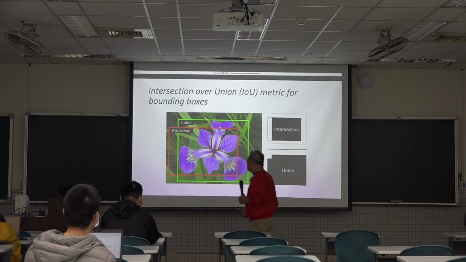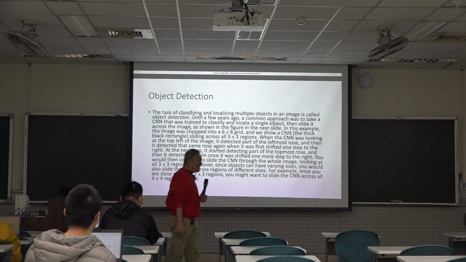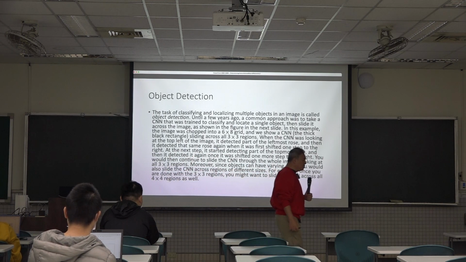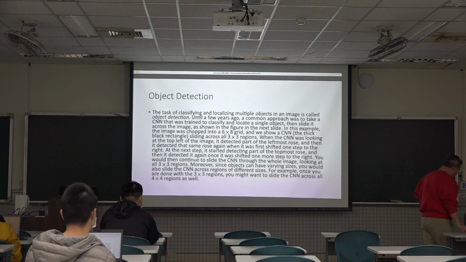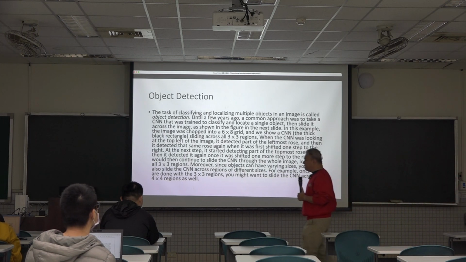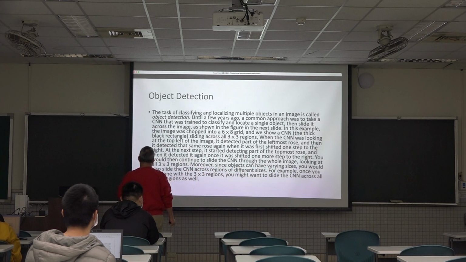In a case like that, if your image contains multiple objects, this situation falls into the problem called object detection, the task of classifying and localizing multiple objects in an image. We call that object detection.